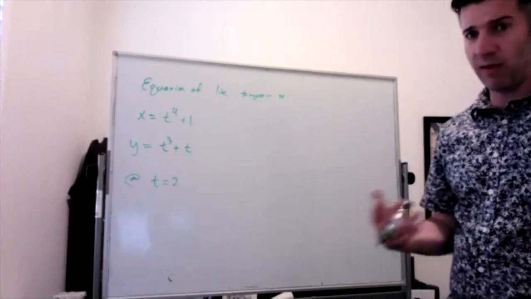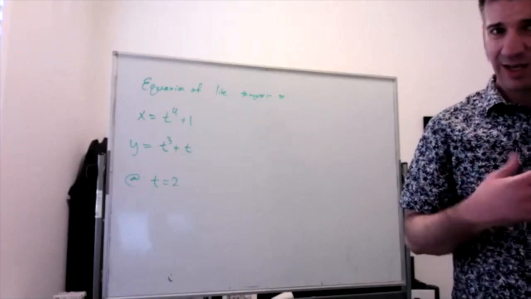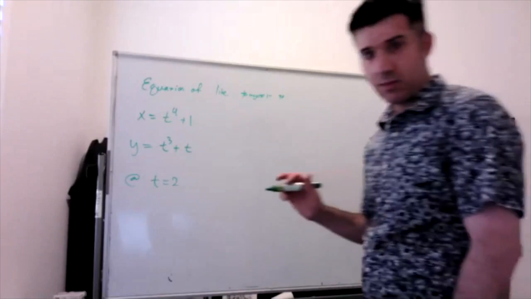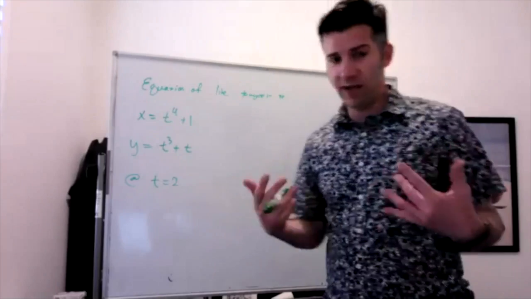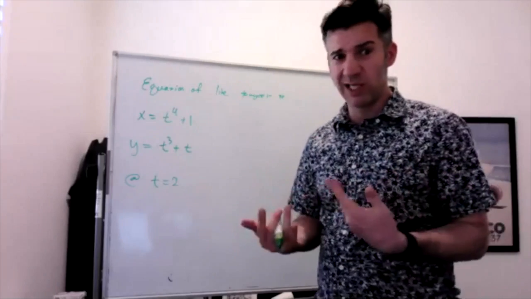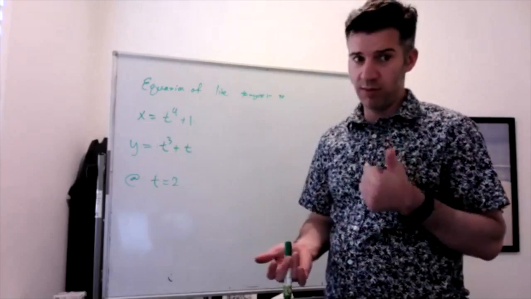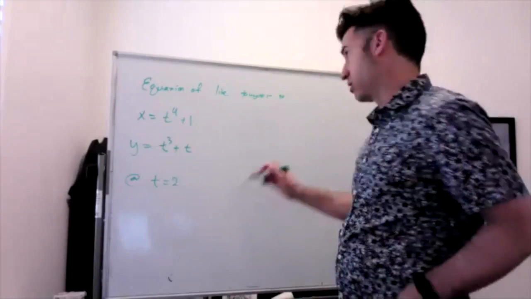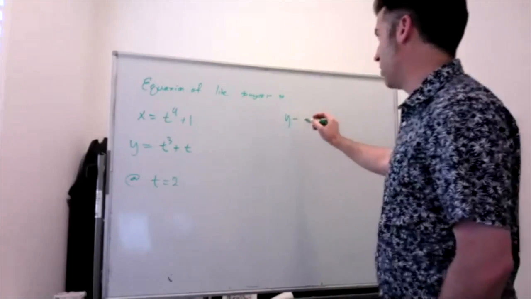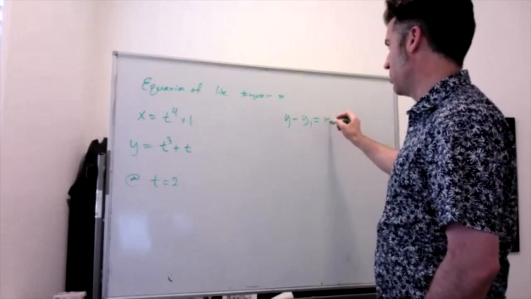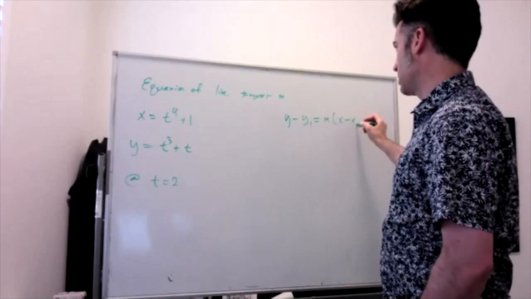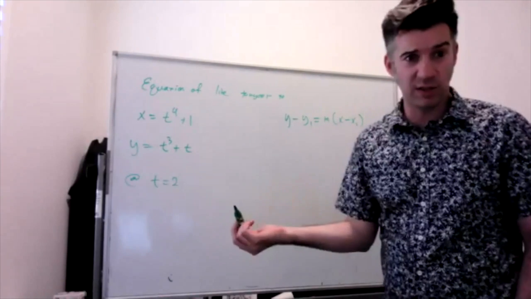We could totally do this parametrically if we wanted to, although that's not really the point. Finding the equation of a tangent line is your usual stuff. Find the slope, find the point, and then you do y minus the y point equals the slope times x minus the x point. That's really all there is to it.